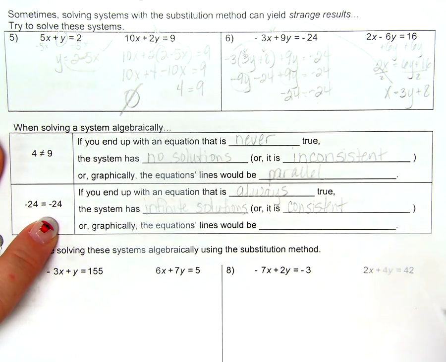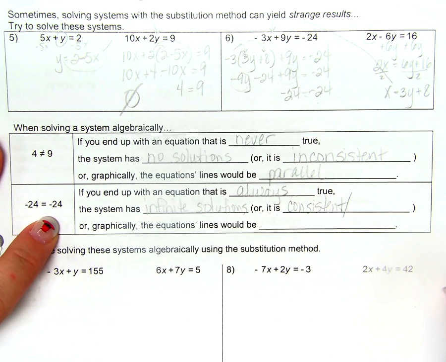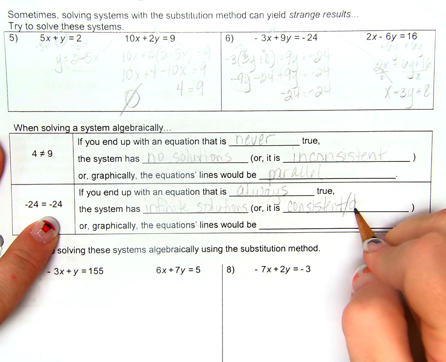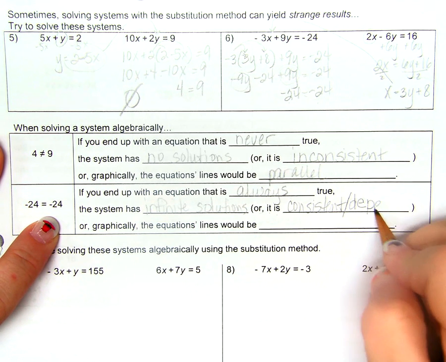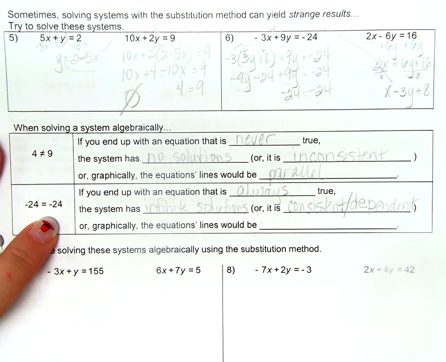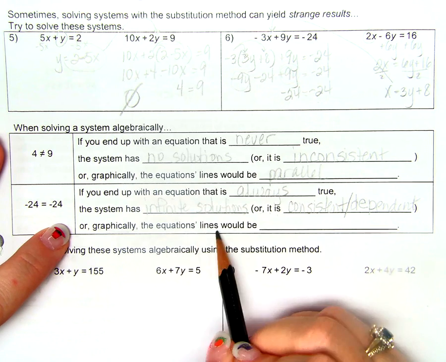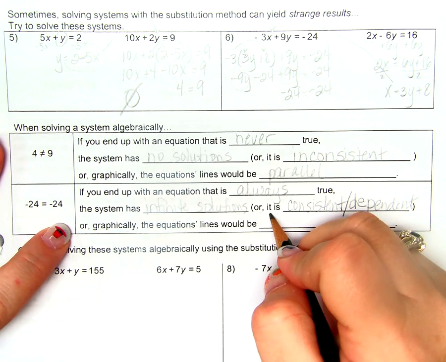But remember, there were two kinds of systems that were consistent. What separates this one from the other one? It is also dependent. Graphically, the equations' lines would be on top of each other.